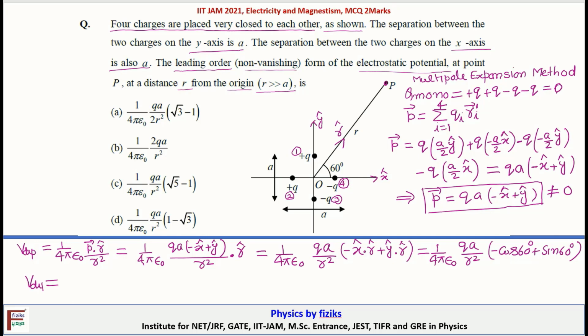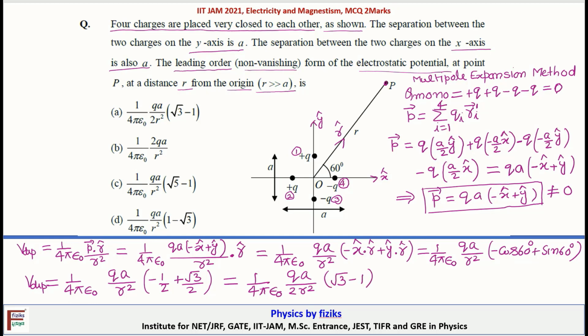So V dipole is 1 by 4 pi epsilon naught QA by R square times minus 1 by 2 plus root 3 by 2, that is 1 by 4 pi epsilon naught QA by twice R square, and we can write this as root 3 minus 1.